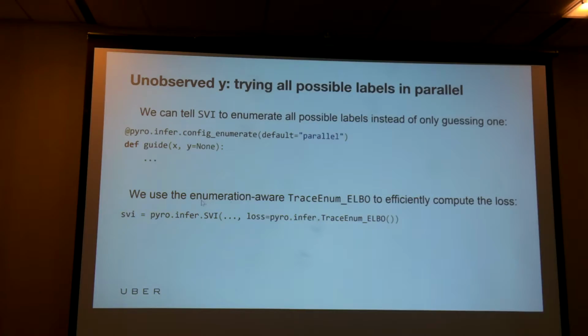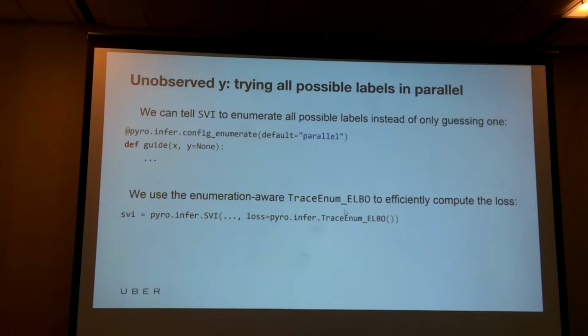And the thing that actually handles that is a different ELBO implementation. We've been using pyro.infer.Trace_ELBO this whole time, for every example so far. But because of this problem of variability, we're going to have to depart and use pyro.infer.TraceEnum_ELBO.